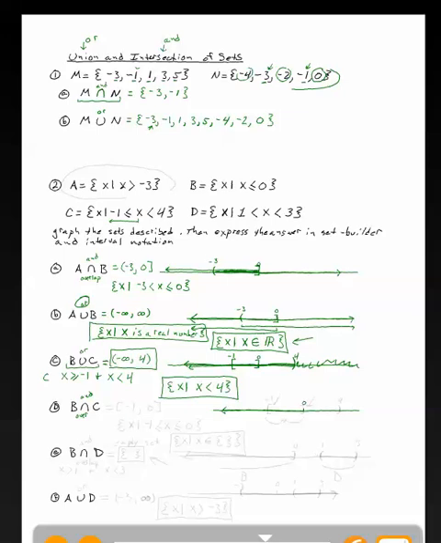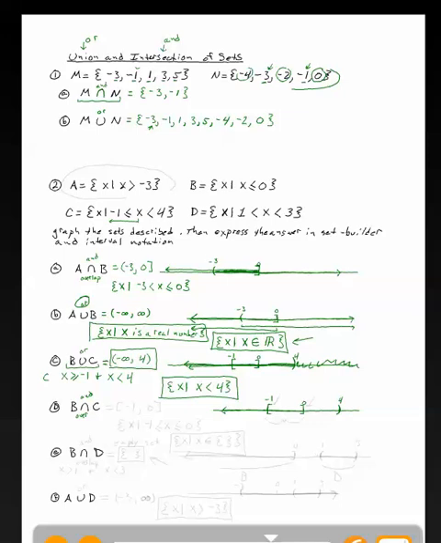And we know that C is between -1 and 4. Now, it says x is greater than or equal to -1. So we know we're going to use a bracket here, and x is less than 4. So we'll use a parenthesis there.